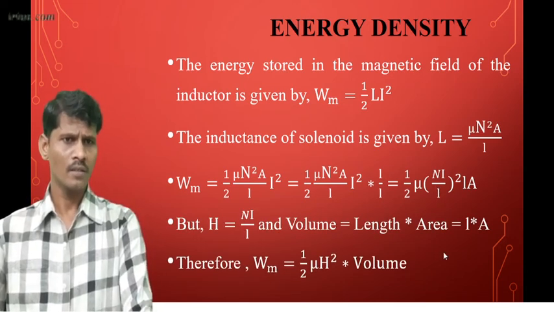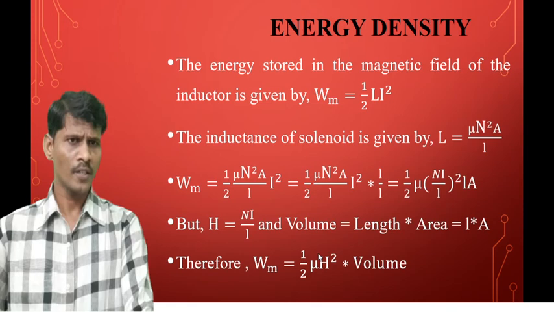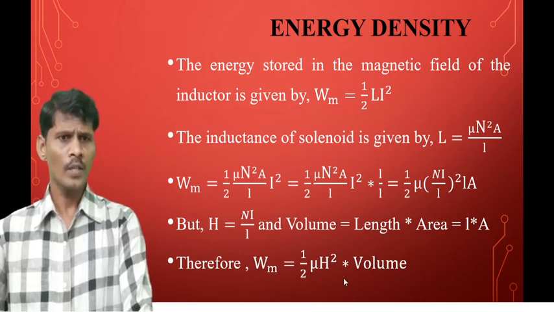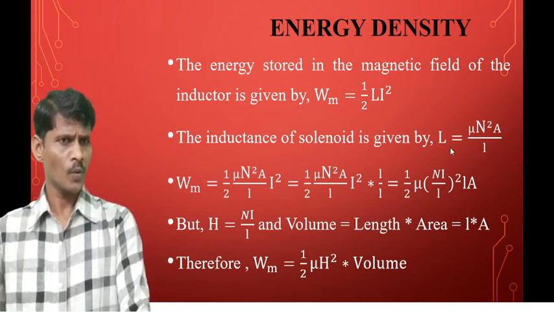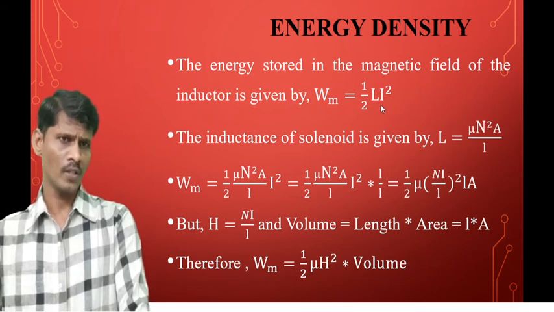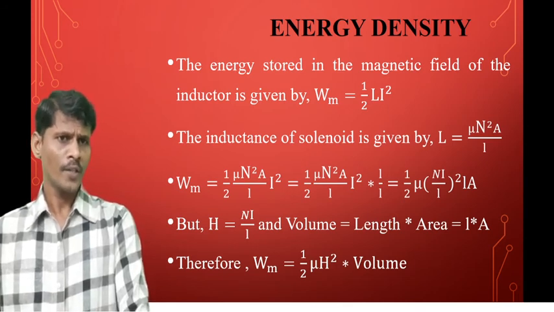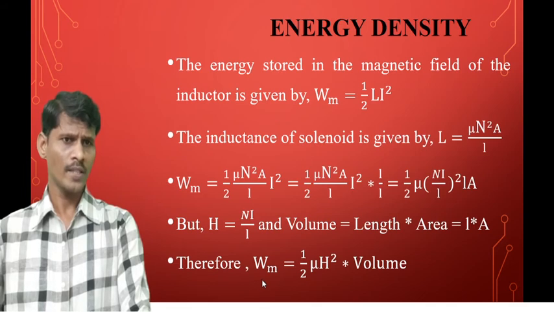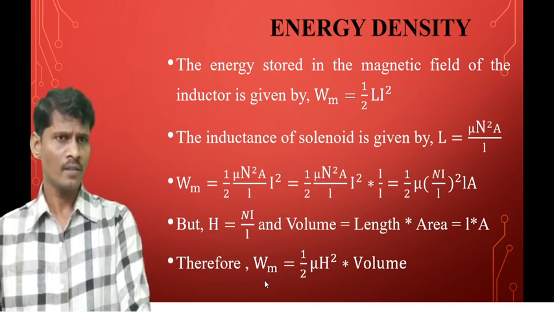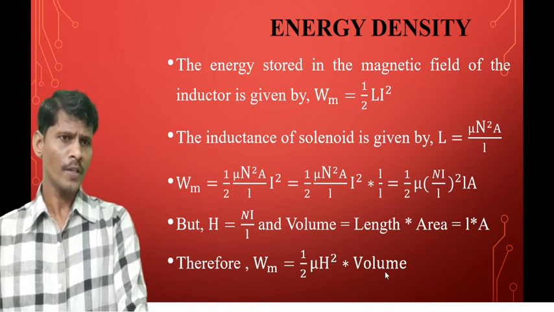After substituting and reducing the expression, we get the energy stored in the magnetic field is Wm equal to half mu H square into volume.